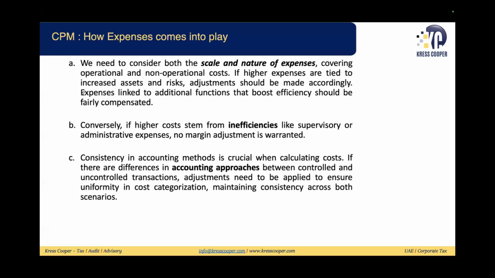Both entities must apply the same approach for the classification of expenses, because we are building up the cost, and based upon the cost we charge the markup. We must have a similar, same basis for both entities to make sure of an apples-to-apples comparison, so the cost is the same. Based upon this, we charge the markup.